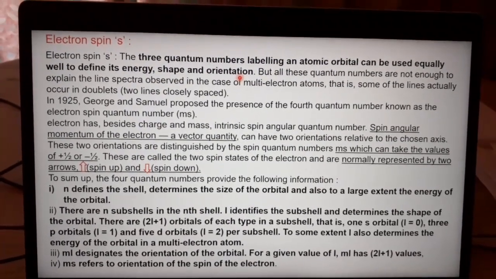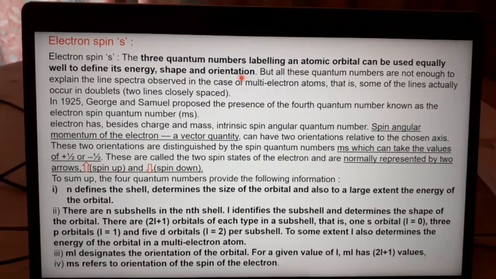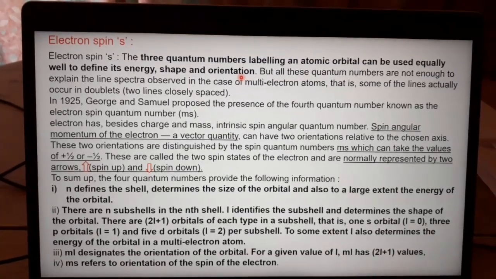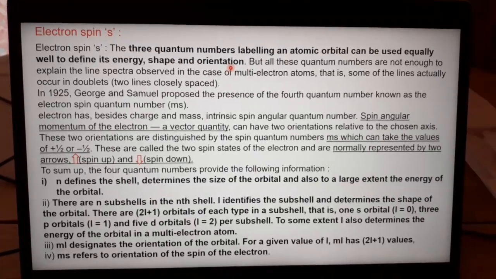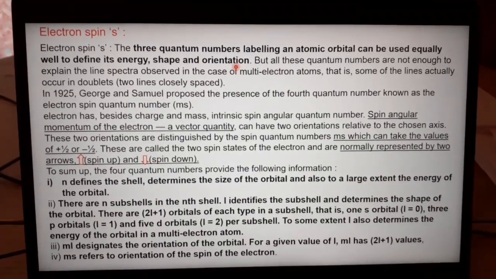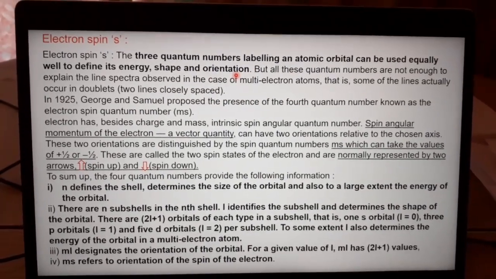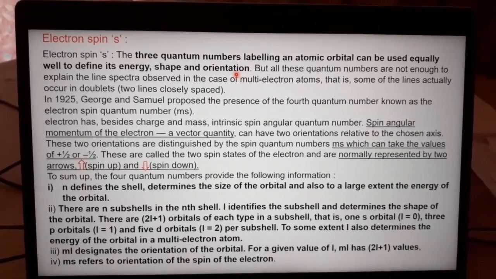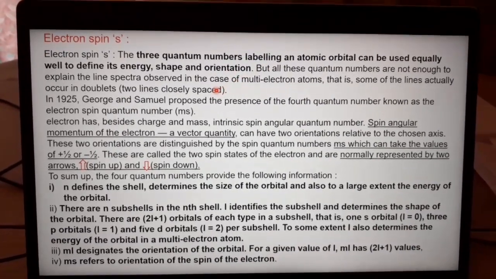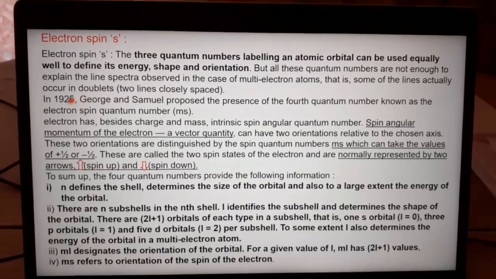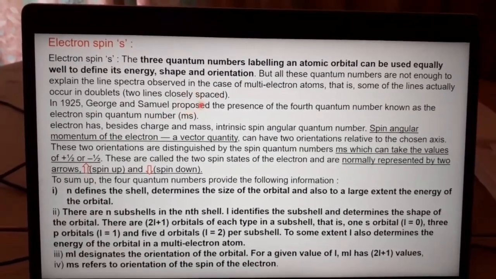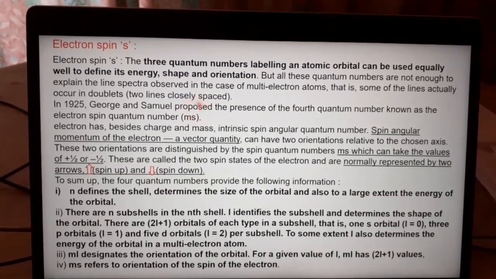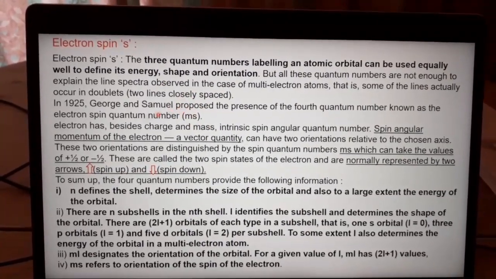But these quantum numbers are not enough to explain spectral studies. In the Zeeman effect, when different magnetic fields were applied, the spectral lines were split into different lines. That observation led to the idea of the spin quantum number.